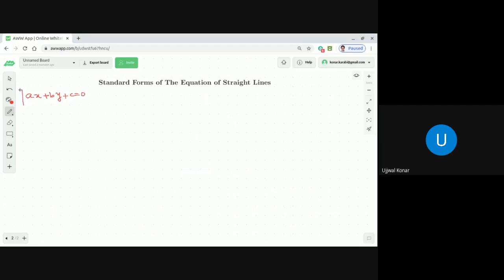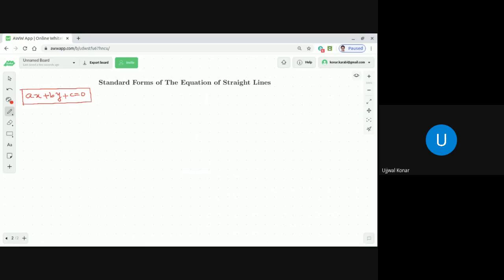Now, this particular equation has two unknowns, right? x and y. What are a, b, c? a, b, c are real numbers. If you vary a, b, c, you will get different straight lines. But here there are two unknowns, x and y. When we have two unknowns, if you recall the solution of linear equations, we need two equations to find a solution.